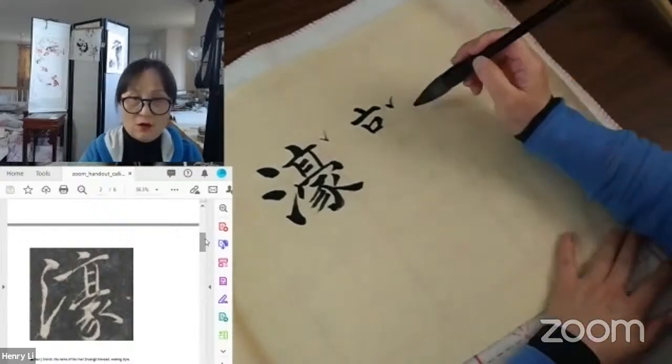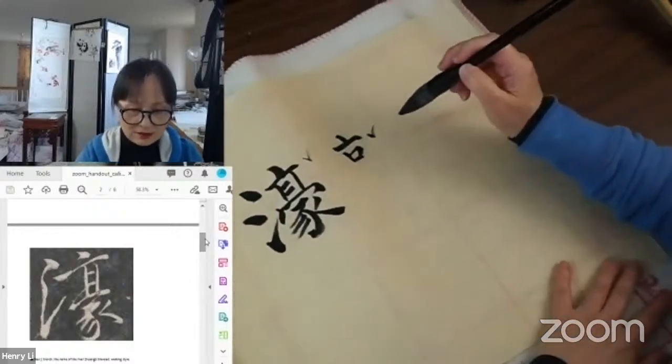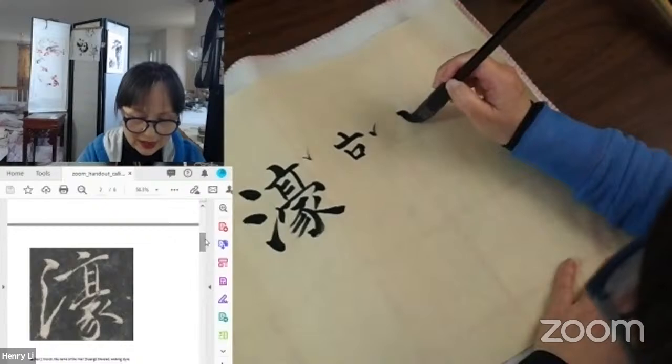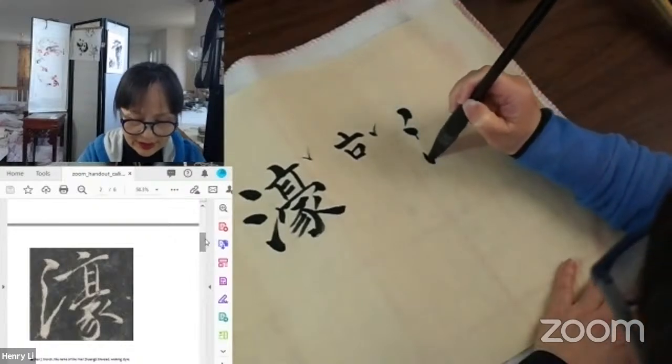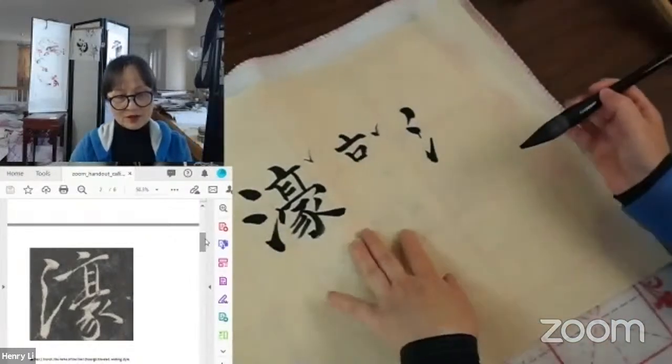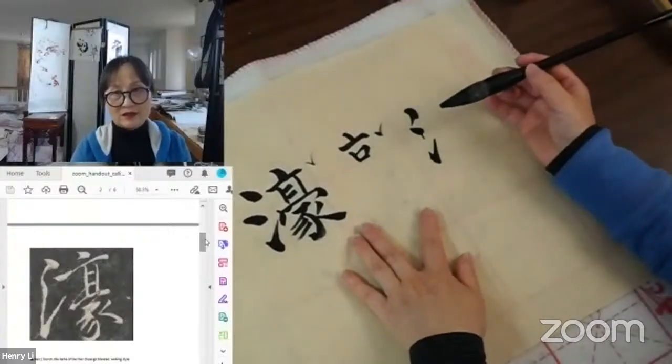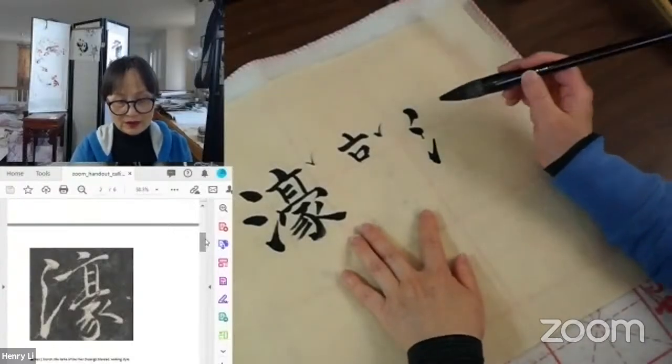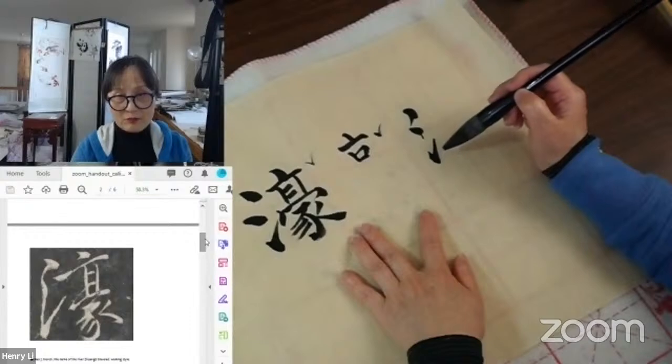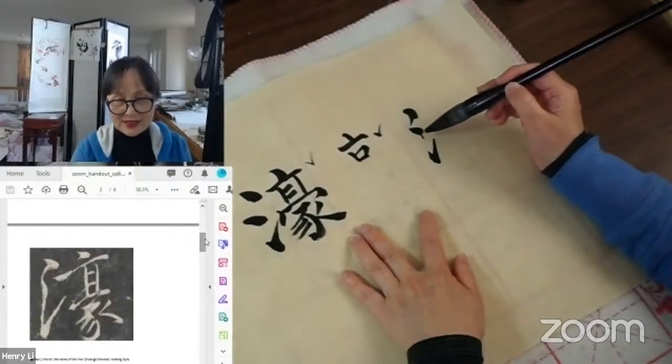Okay, see, three dots. One, two, three. Like the example, it's more connected, but you still press.